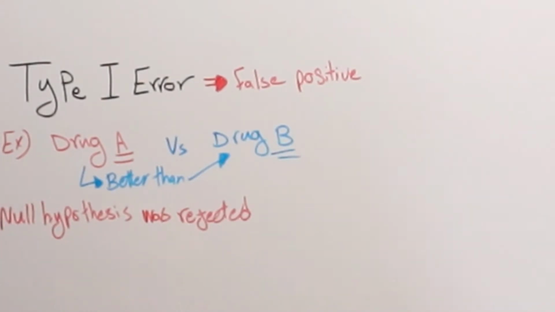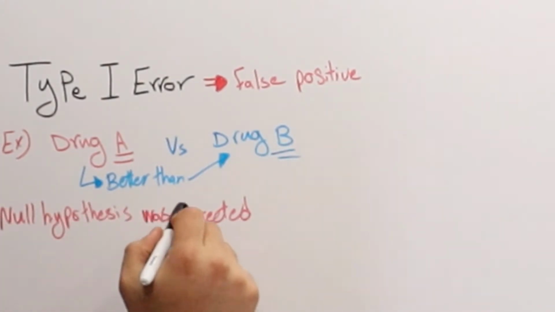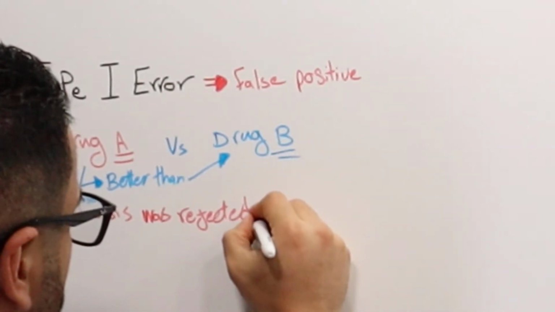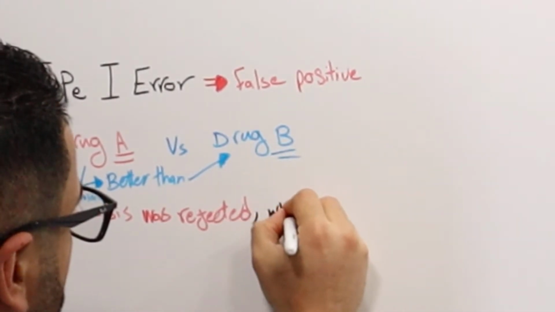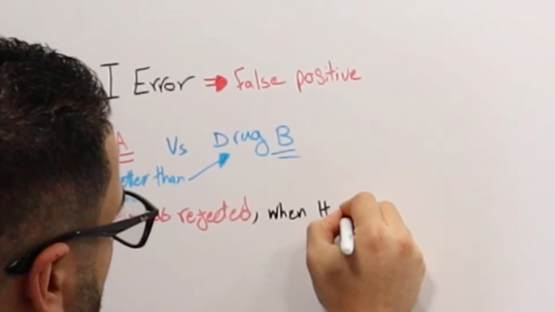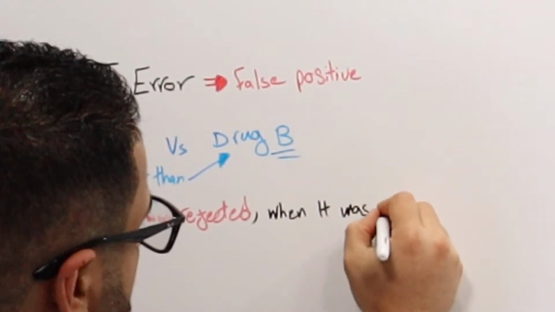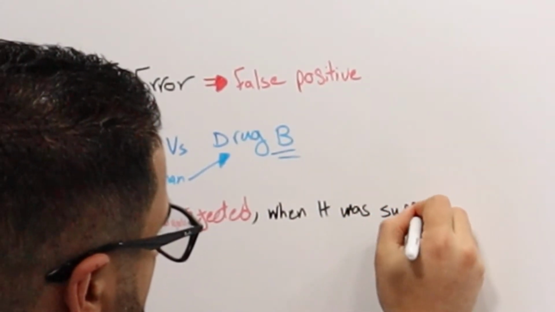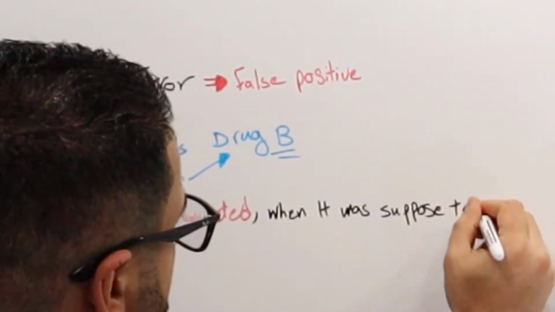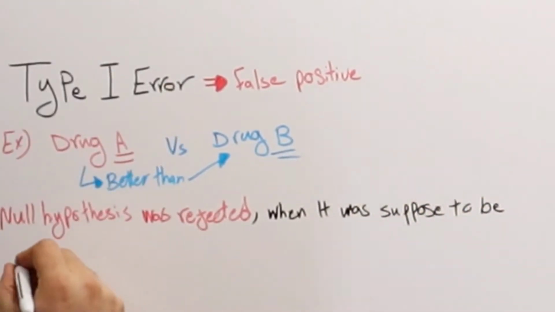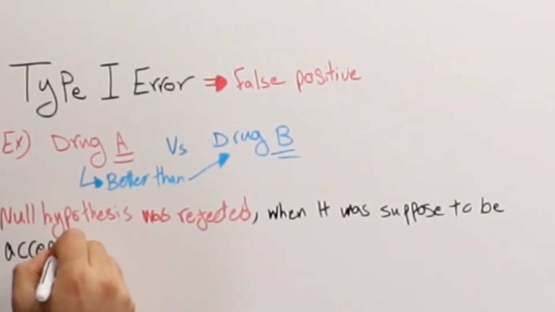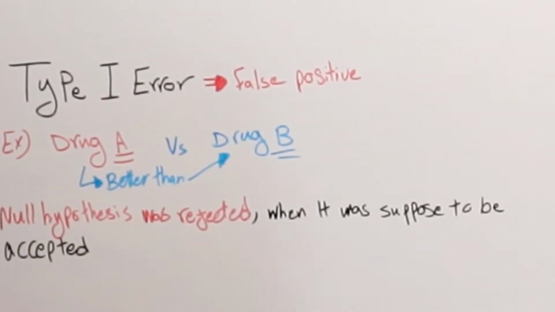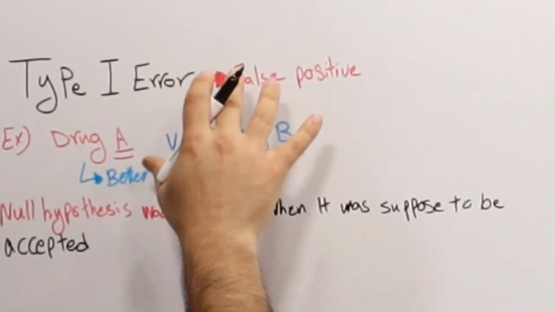So the null hypothesis was rejected when it was supposed to be accepted. That's what type 1 error is.